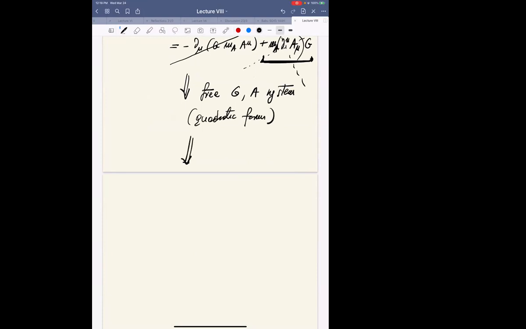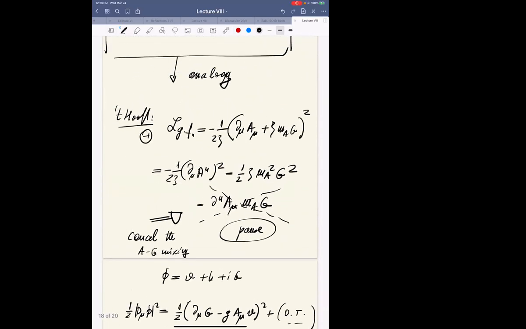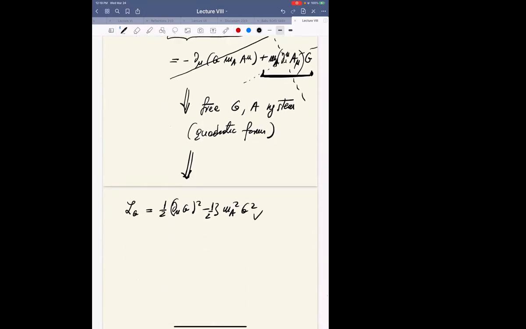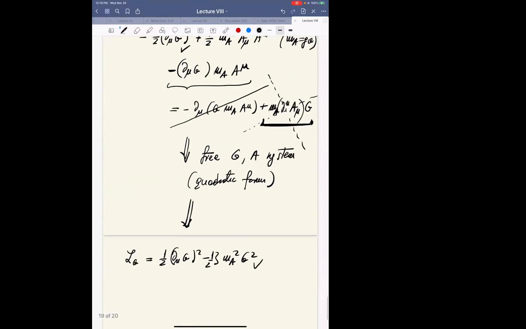Here, I have the G Lagrangian, which is 1/2 (d mu G) squared minus 1/2 c M_A squared G squared. Let's check it. This came from this term. It checks.